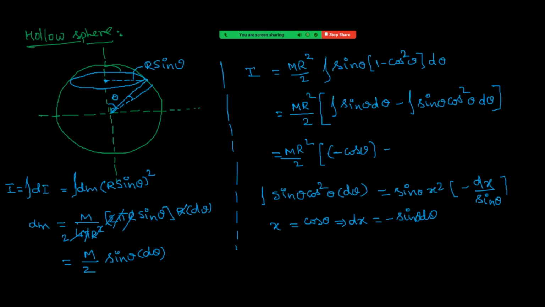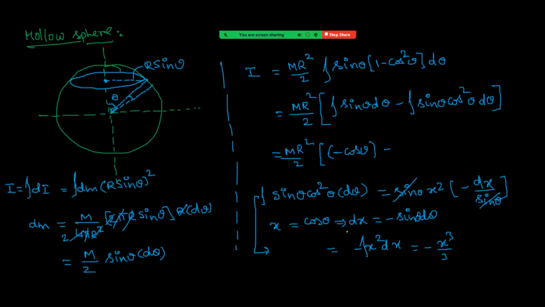I hope you are getting this. Sine gets cancelled. What else is left here? That is equal to minus x square dx. Integration of that is minus x cube by 3.